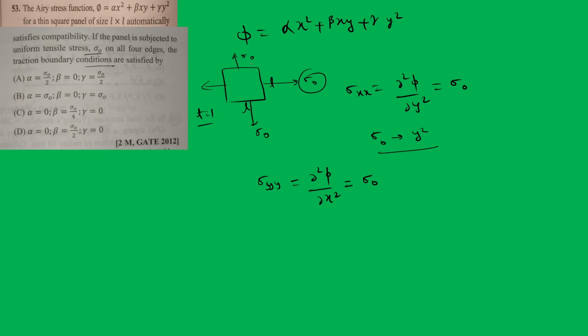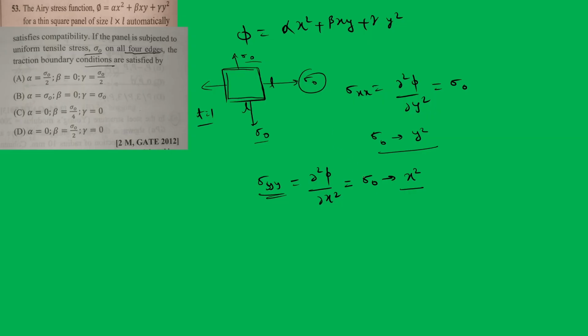Sigma yy is sigma naught, because sigma naught is the only stress. So uniform tensile stress on all four edges. So sigma naught on all four edges. So sigma naught should again be the function of x square, and of x square and y square both.